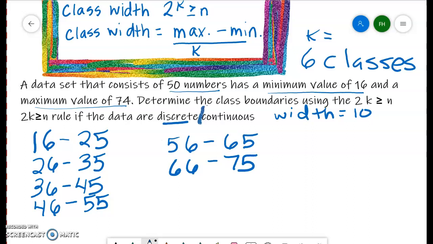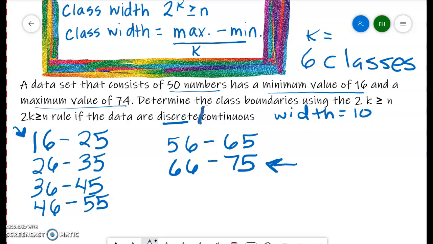And notice that all of our numbers work: our minimum number, 16, would be in the first class, and our maximum number, 74, would be in the last class. So this would be for discrete.